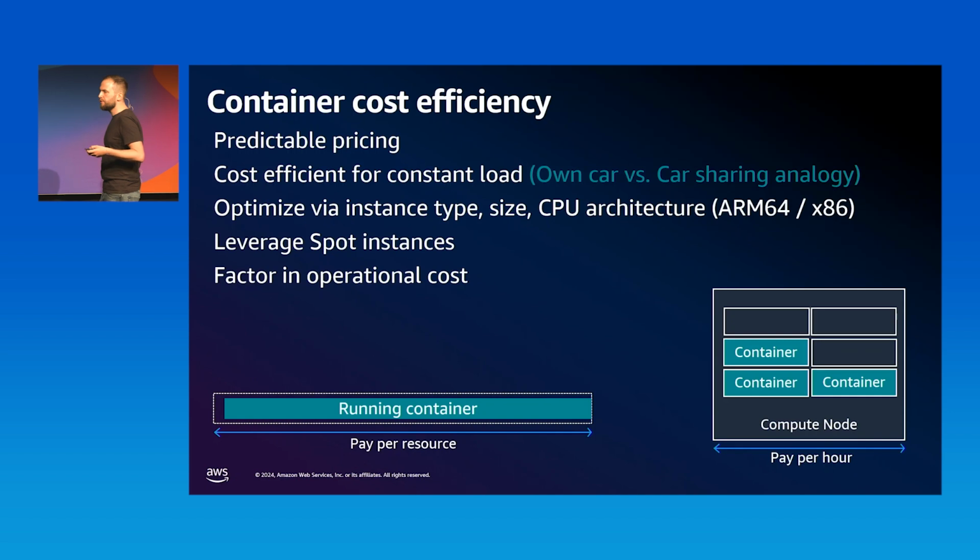And they might be even more cost efficient than functions, because, and I like to take here the analogy of car sharing or an own car, right? So if you think about functions like in a car sharing analogy, if I go out, I can rent 1 car, 2 cars, 3 cars, right? I can rent a car for my wife, for my son, and so on and so forth. So I'm very flexible in that sense.